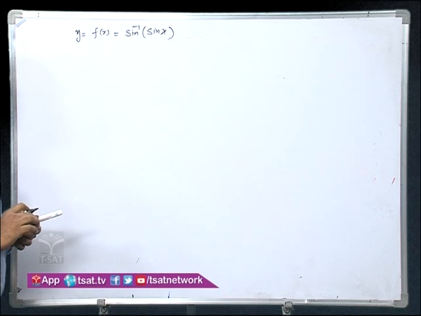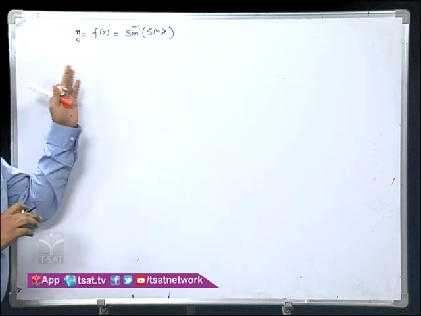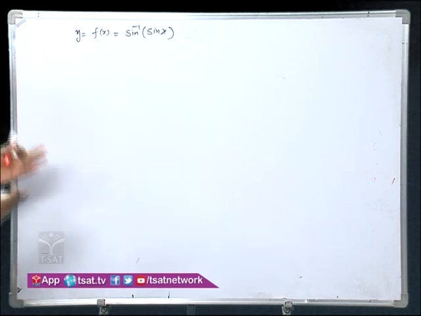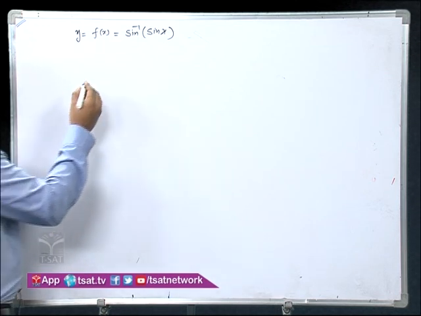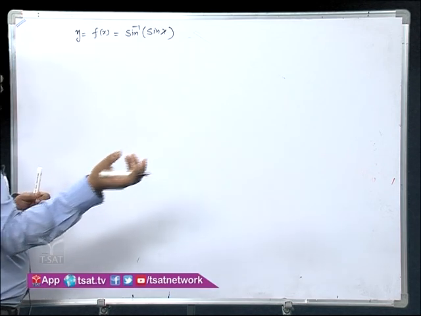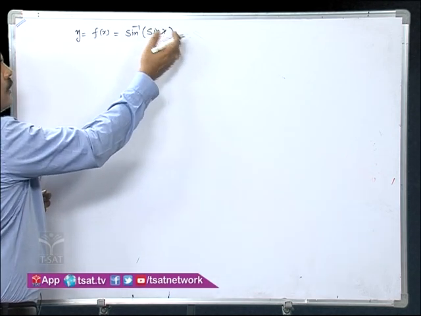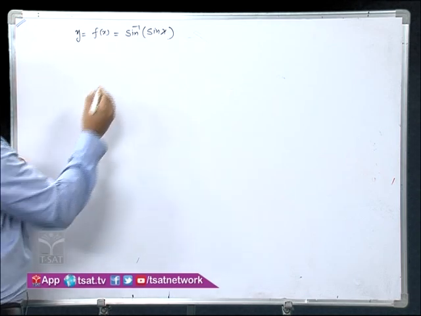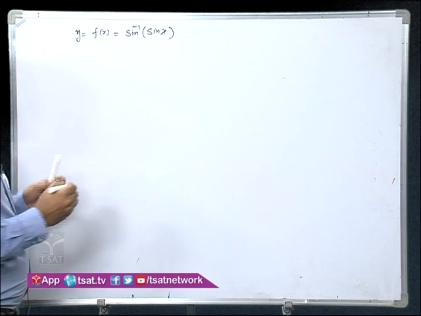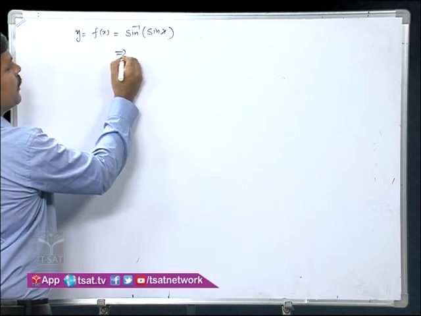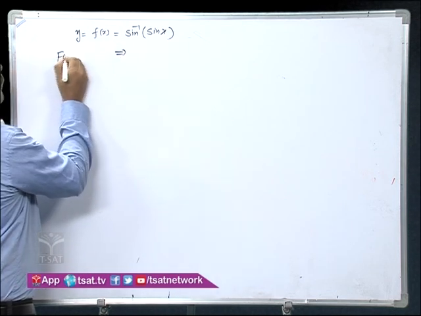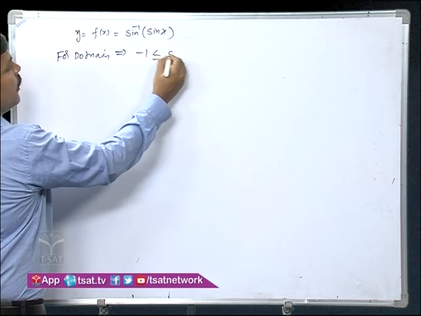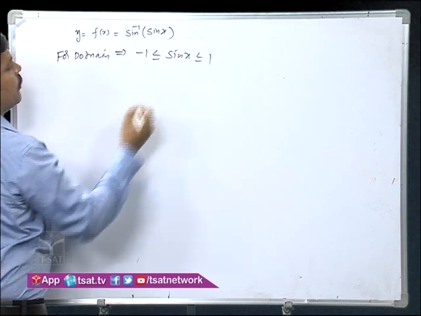Sin inverse of sin x is the composition of an inverse trigonometric function and a trigonometric function. First we find the domain and range. What is the domain here? Domain means the input of this function. The set of all inputs is called the domain, the set of all outputs is called the range. For sin inverse of sin x, for the domain we need minus 1 less than or equal to sin x less than or equal to 1.